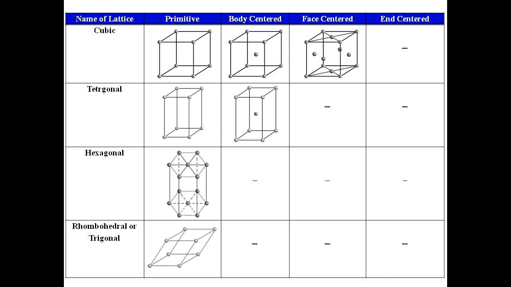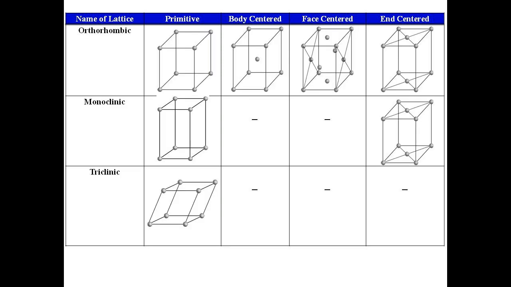Rhombohedral cells have 1 type of lattice, P. 5. Orthorhombic cells have 4 types of lattices: P, BC, FC and EC. 6. Monoclinic cells have 2 types of lattices: P and EC. 7. Triclinic cells have 1 type of lattice, P.